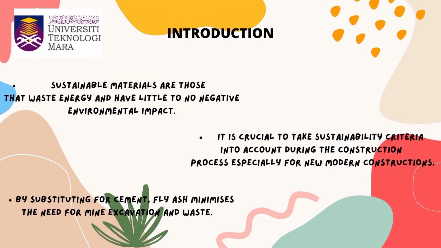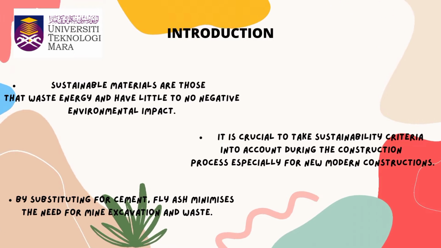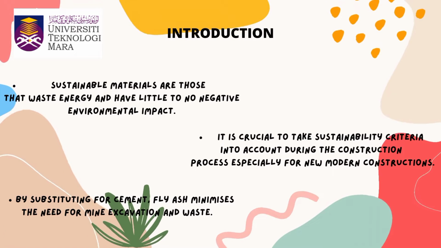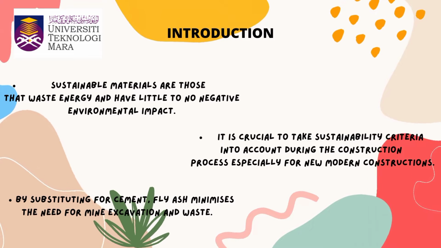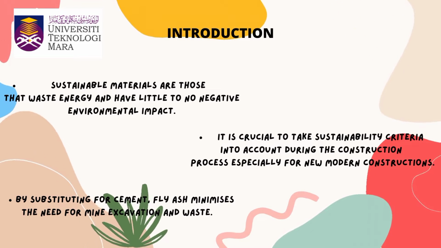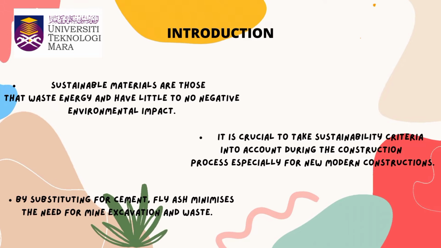Fly ash is a byproduct of coal-fired power plants and is a fine grey powder made up primarily of spherical glassy particles. Pozzolanic characteristics in fly ash allow it to interact with lime to produce cementitious compounds. It is frequently referred to as an additional cementitious substance.